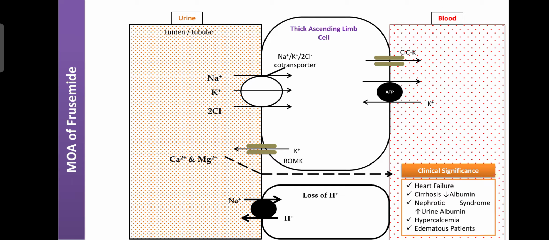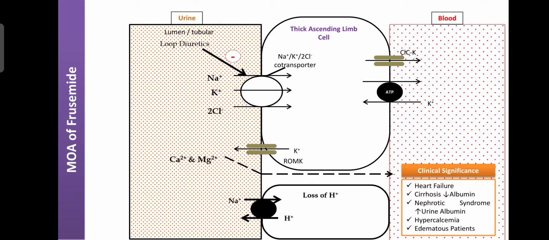Furosemide is a loop diuretic. It mainly inhibits the sodium-potassium-chloride co-transporter. Due to inhibition of this pump, sodium, potassium, and chloride do not enter the thick ascending limb and therefore do not go back into the blood.